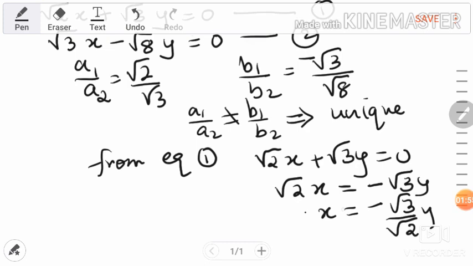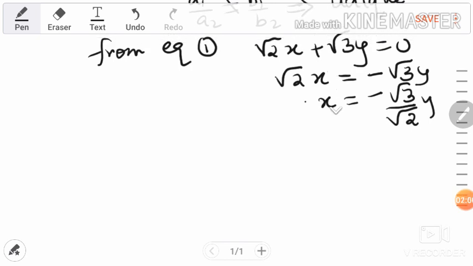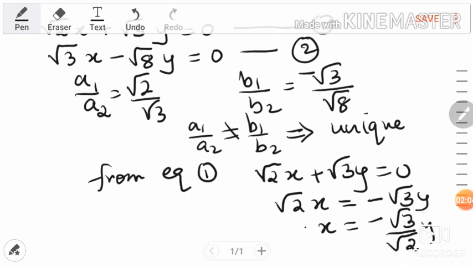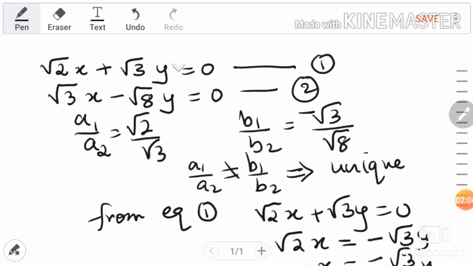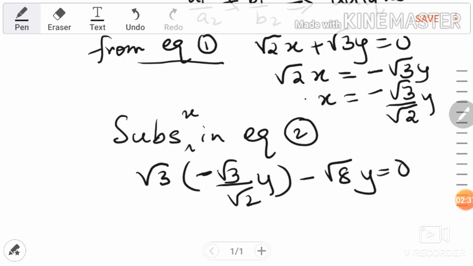Now let us substitute this value in the second equation. Root 3 times minus root 3 divided by root 2 y minus root 8y is equal to 0.